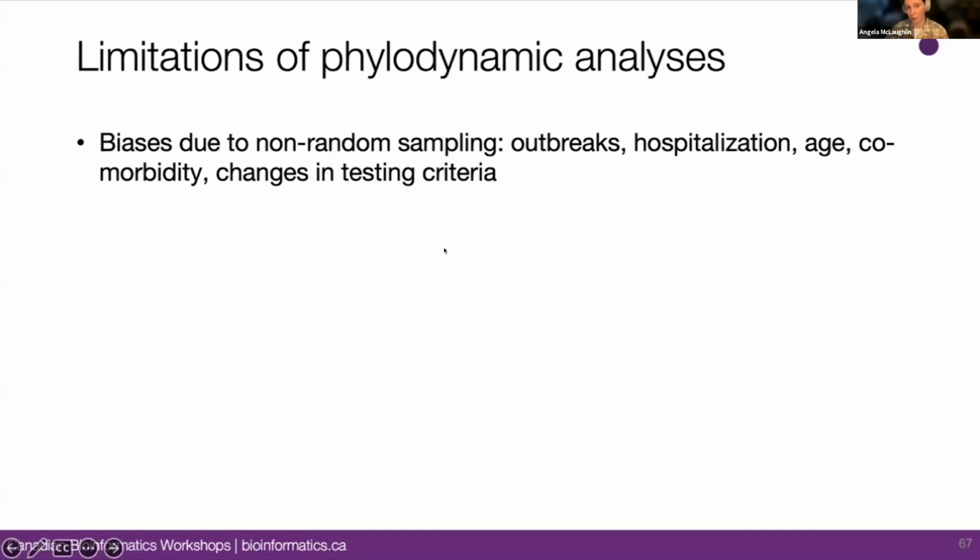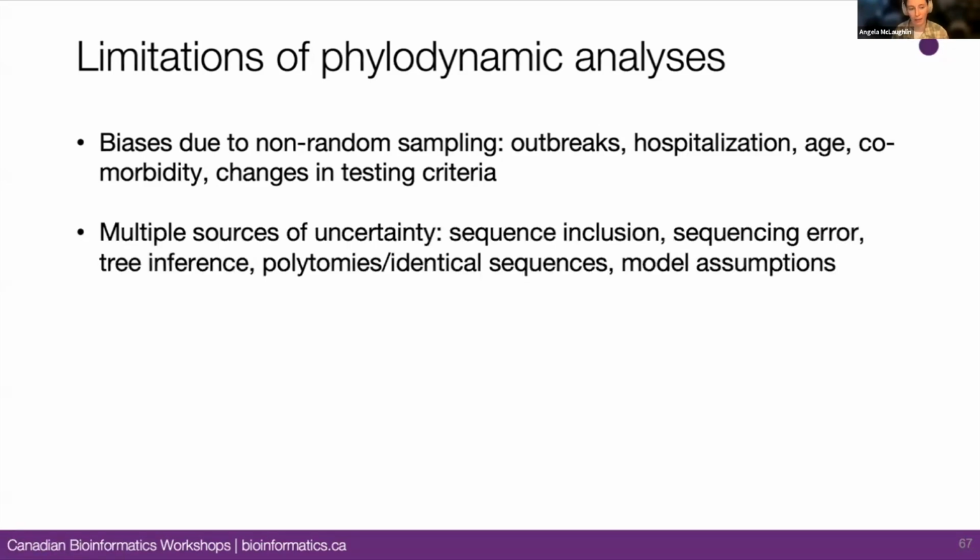In a perfect world, everything would be surveillance sampled at random, but in practice, you have a higher tendency to have sequences from outbreaks, hospitalized cases that are severe, and for that reason, also usually older age groups who are more likely to be connected with care and have bad outcomes with comorbidities, as well as changes in testing criteria can very much change the reason for sampling underlying your sequences. So keep that in mind.